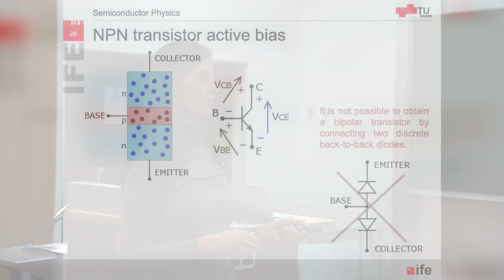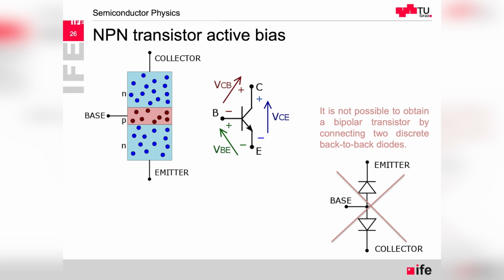For a bipolar transistor, we cannot simply take two discrete diodes, because we really rely on the thin region of the base in order to have an efficient transistor.